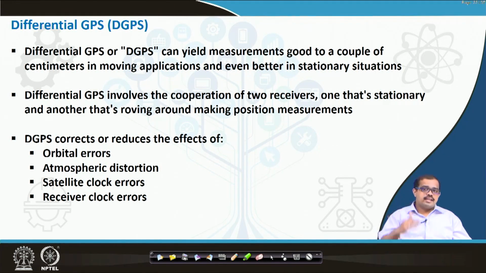Then the satellite clock error will not be there because both are on the earth surface. The receiver's clock error is also not there, because both have the same units on board. That is why DGPS is extremely good for measuring ground control points or understanding distances on the ground surface.